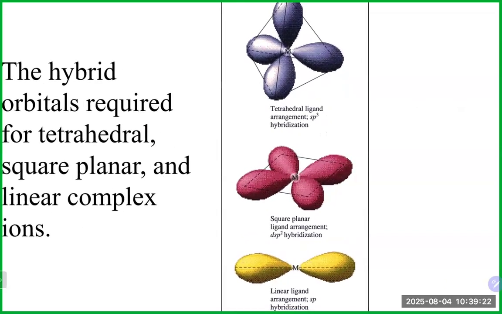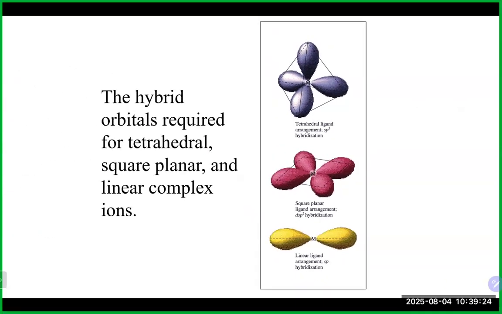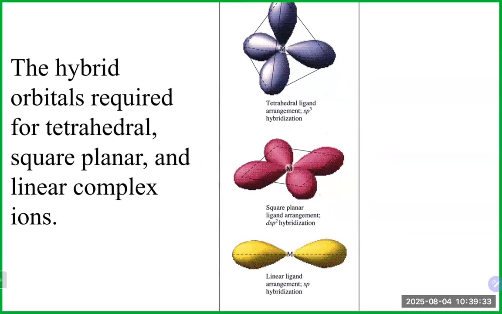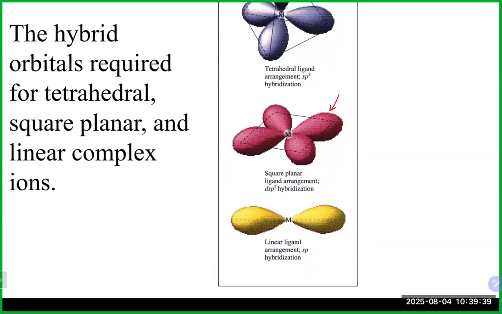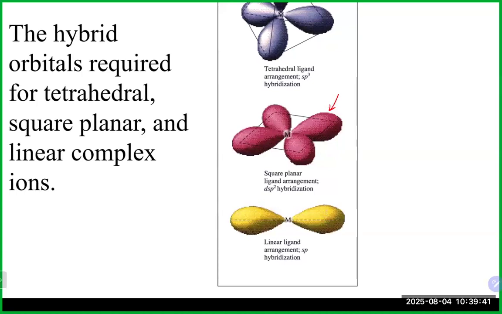We can have sp3, which is tetrahedral geometry. We could also have a square planar geometry, with a coordination number of 4. Not really sp3, but sp3d. And we do have linear, which is sp in this case.